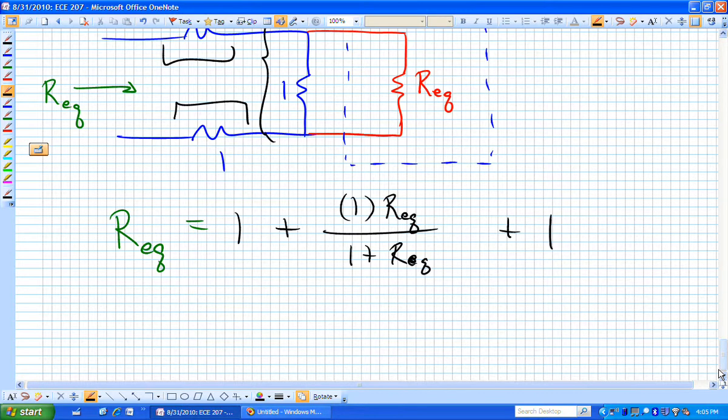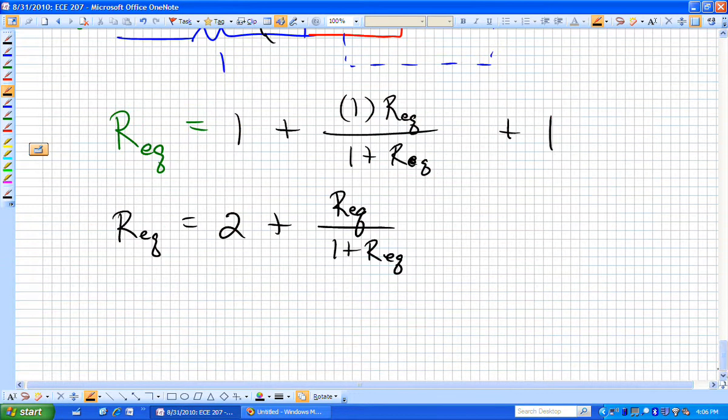Is that okay? Now it's a good thing we know our algebra. That's all we're going to do. Let's see if we can find an equation that R equivalent must satisfy. There's a 2. If I collect my 1s, here's R equivalent. That's 2 plus R equivalent over 1 plus R equivalent.